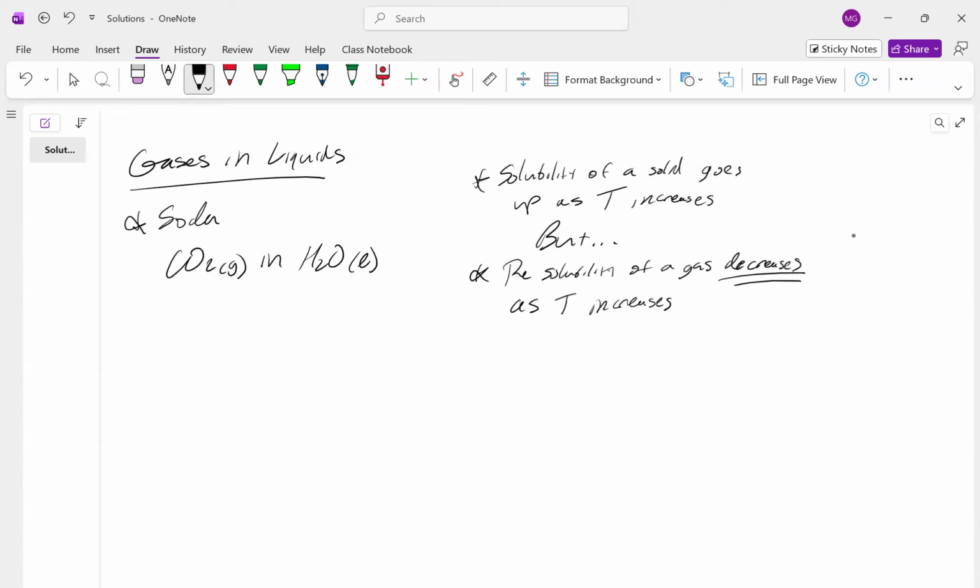The reason is that as you increase the temperature, you're giving the gas molecules more energy. So gases have more energy with an increased temperature and therefore can leave a whole lot easier. Easier is not a very scientific description, but they have a lot more energy to come out of solution.